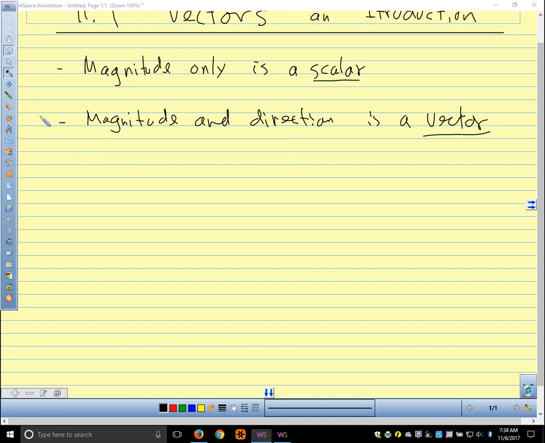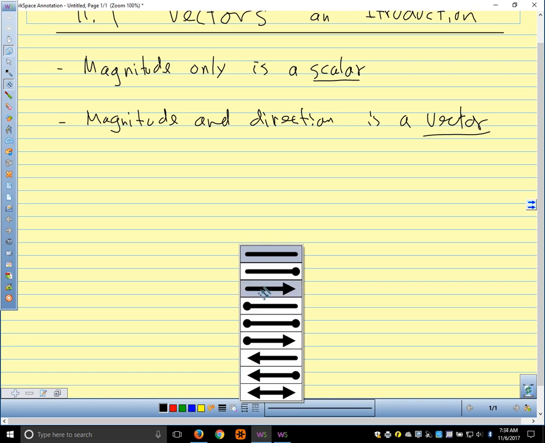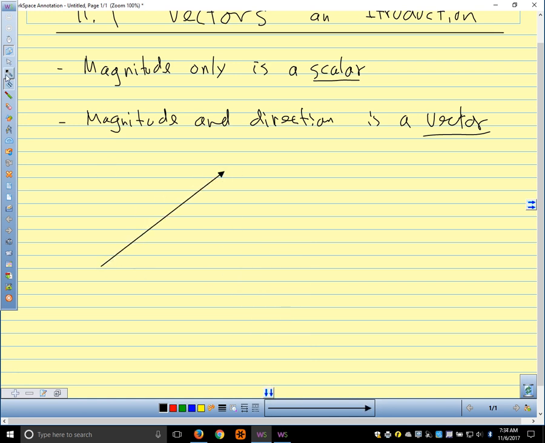All right, we usually represent them. Our book calls the representation a directed line segment. I usually think of it as an arrow. We call this point the initial point, and the terminal point is where it ends.